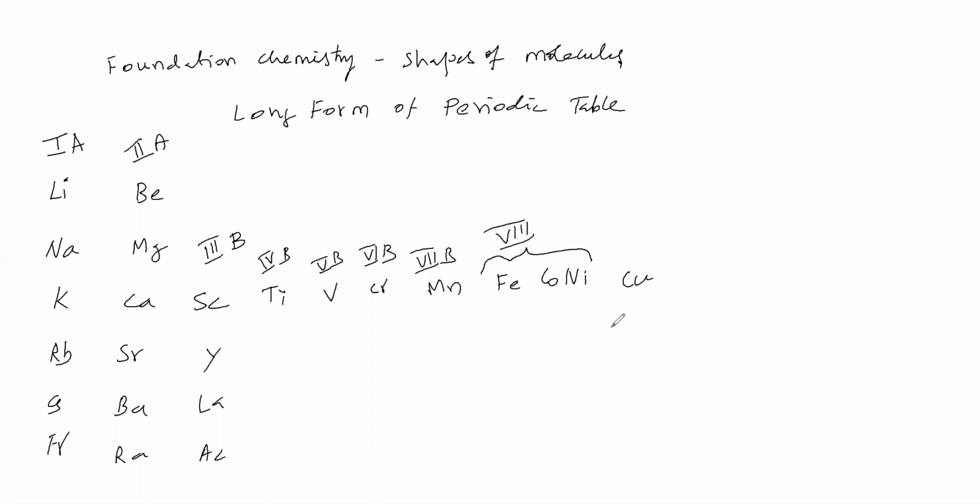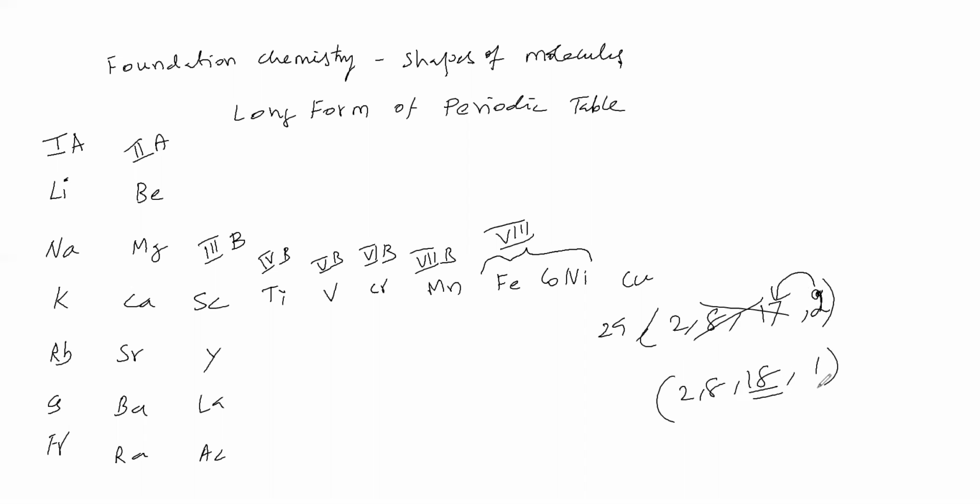Next is the copper family. Copper's atomic number is 29, electronic configuration 2, 8, then 1 and 18. If one electron shifts, then it is 2, 8, 18, 1. This 18 is completely filled and stable, so we write the configuration like this instead. Here there is 1, therefore it is 1B.